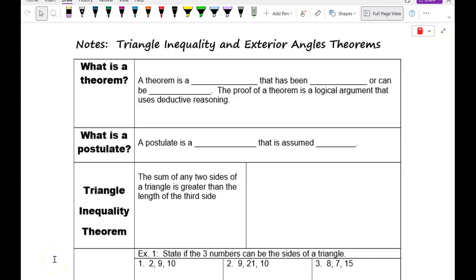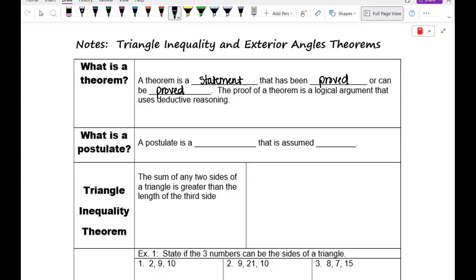Now before we get back to talking about the triangle inequality theorem again, just defining theorem and postulate, which are two ideas that are going to come up. We've already had the triangle angle sum theorem and the isosceles triangle theorem, but just to put a formal definition, a theorem is a statement that has been proved or can be proved.